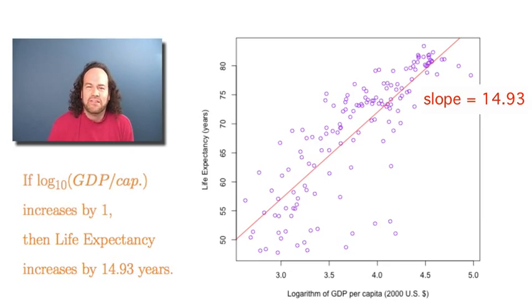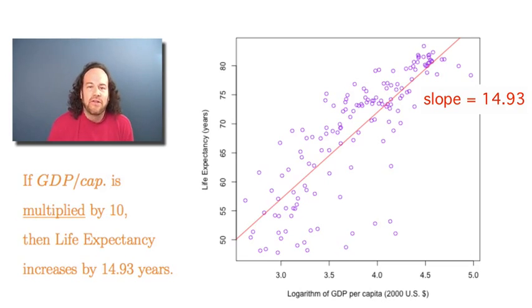But if the logarithm base 10 of the GDP increases by 1, that's the same as the GDP per capita being multiplied by a factor of 10. So what we can really say from this is that every time the GDP per capita is multiplied by a factor of 10, then the life expectancy in years is increased by about 14.93 years on average.